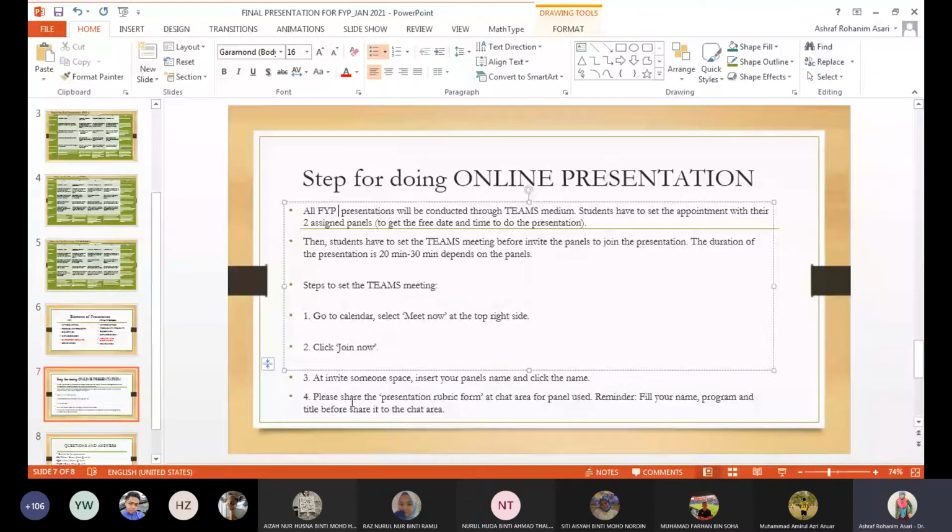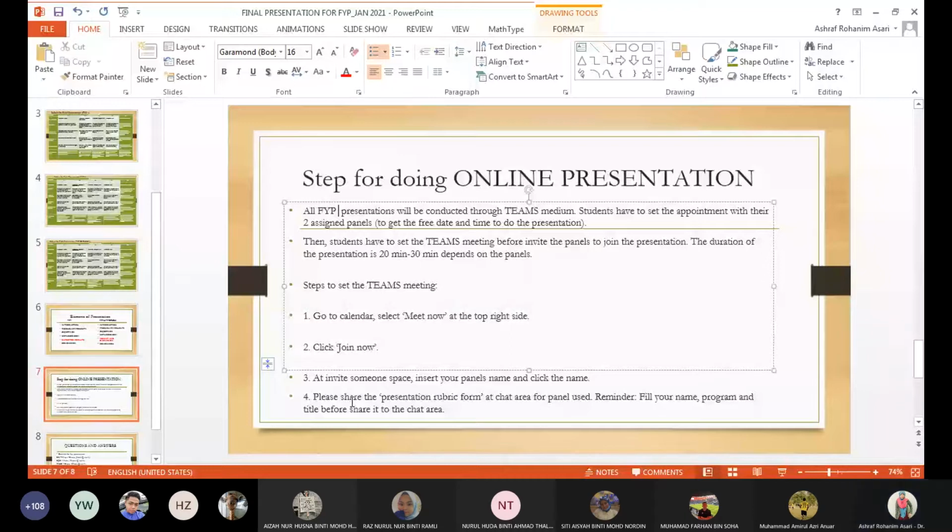After you invite them, both of them will be in the chat area. Then share your rubric form. This rubric form you have to prepare, not the panel.